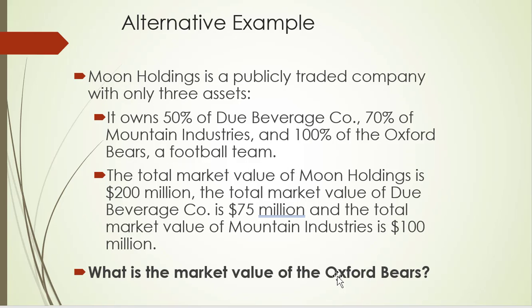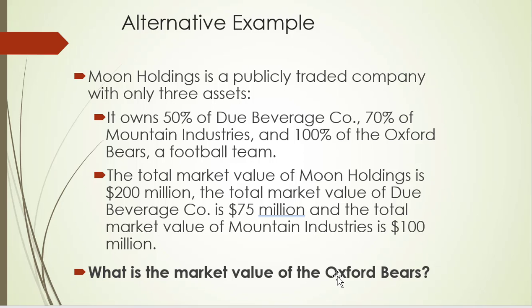So let's look at how this value additivity could work. We have a publicly traded company that only has three assets. It owns 50% of Do Beverage, 70% of Moon Industries, and 100% of the Oxford Bears football team. Now, Do Beverage and Moon Industries are publicly traded companies, and the Oxford Bears is a private company.